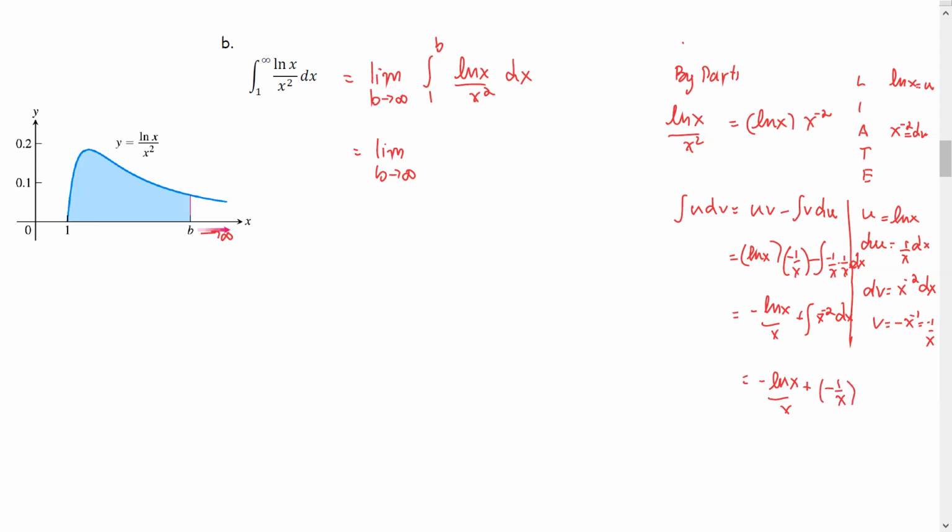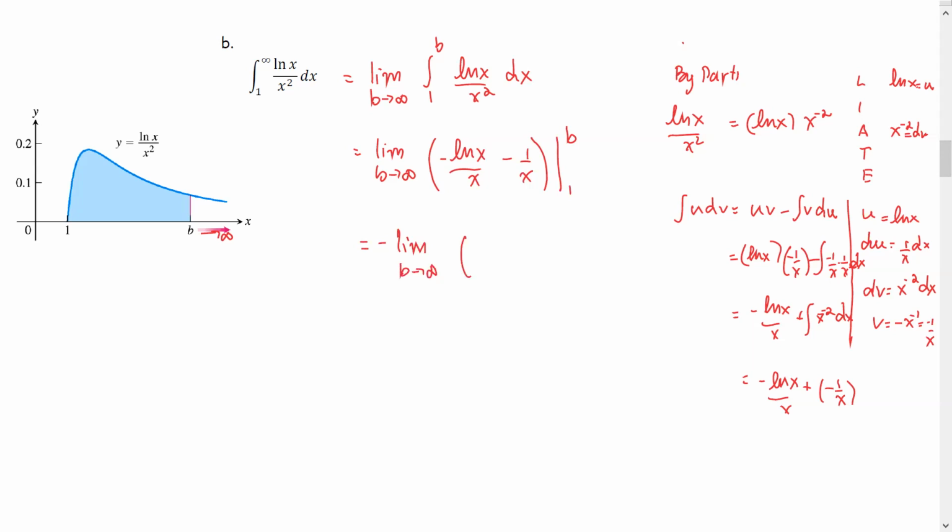Bring it back to the main part of the problem. The antiderivative that we just got is negative natural log x divided by x minus 1 over x, lower limit 1, upper limit b. We see the negative sign as a common factor. Take the negative sign out of the limit just for our convenience.